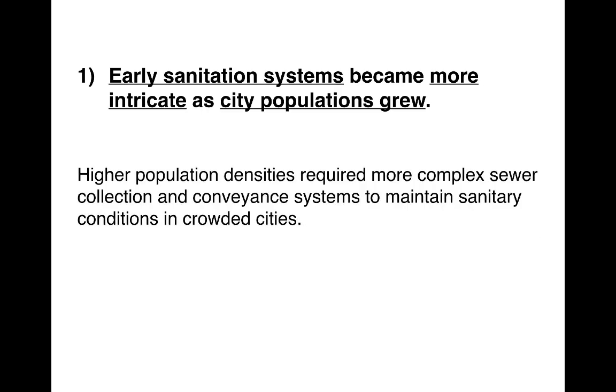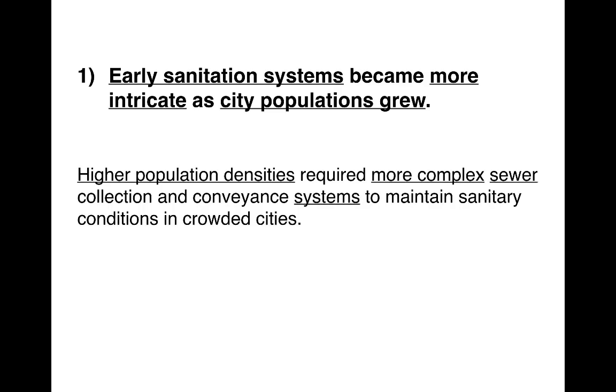And here we do find the answer. We read, higher population densities, that means the same as populations grew, required more complex sewer collection and conveyance systems to maintain sanitary conditions in crowded cities. What other keywords have we got there? We've got more complex, means more intricate.